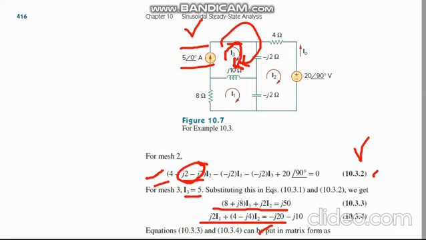This is the current source, so you need not calculate another KVL. While you are using a current source, you need not calculate this. While you are using a voltage source, the KVL will come into play.